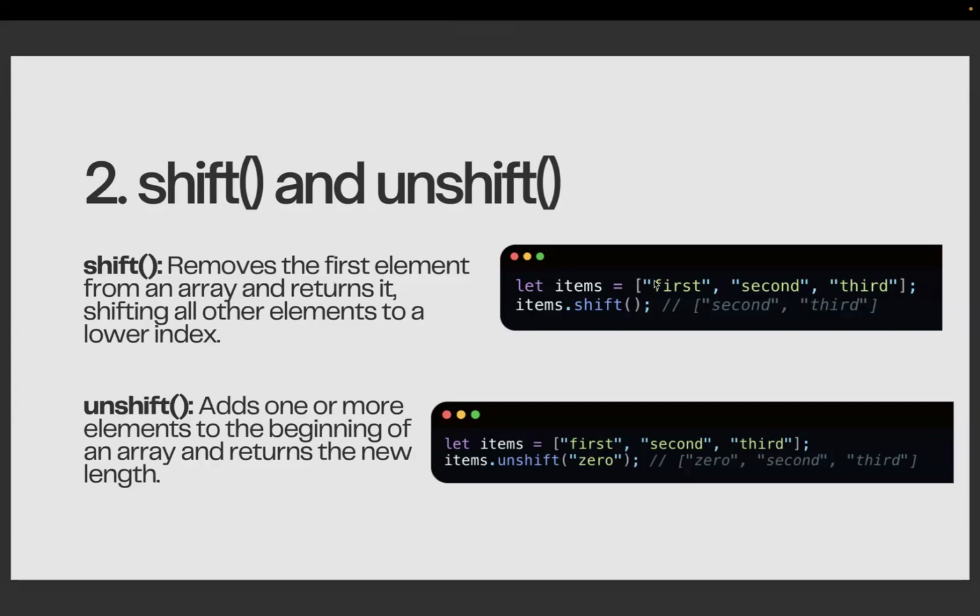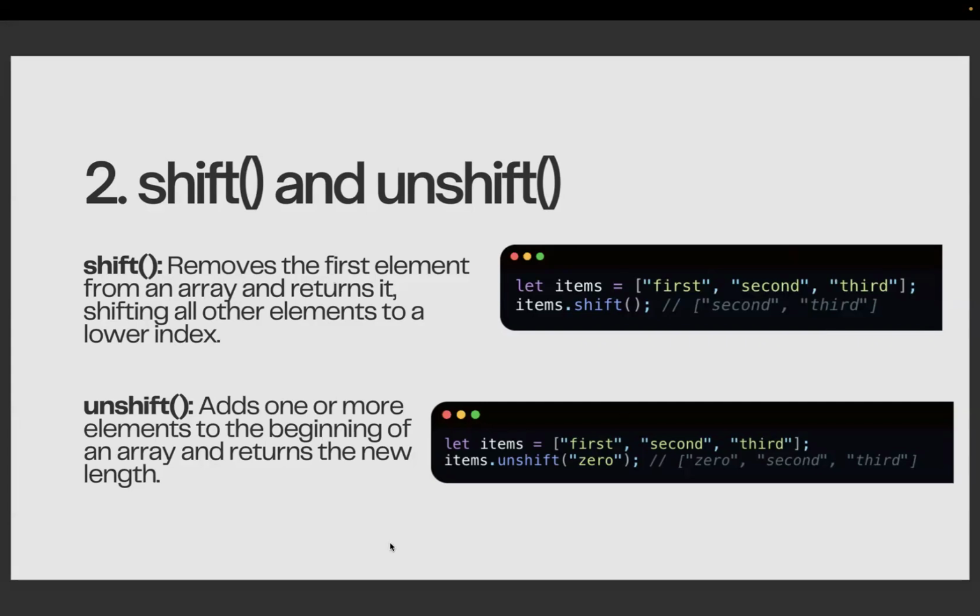So that means, for example, I have first, second, third in the items array, items.shift is going to remove the first element and move all the others to the front, meaning now the 0 index has been updated to second, the first index was second, now it has been updated to third, and so on. It has to shift all the elements to the lower indexes.